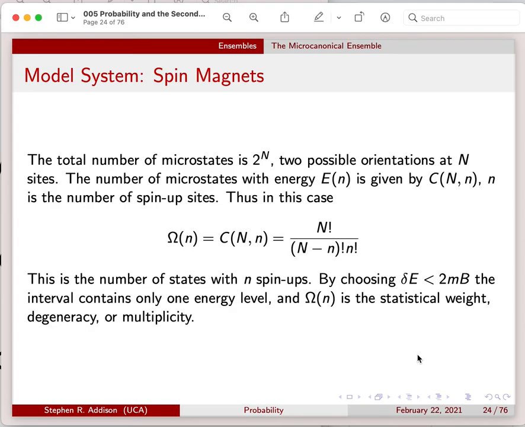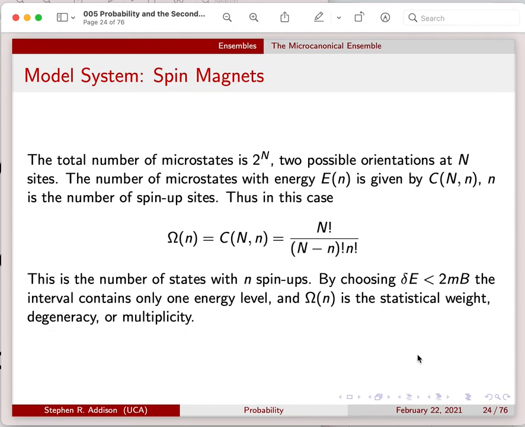In this particular case, the total number of microstates is 2 to the N, because each particle could be in one state or the other. The number of states with a given energy, determined by little n, is the number of combinations of N large taken n small at a time, so we can write that the multiplicity is given by that number of combinations.